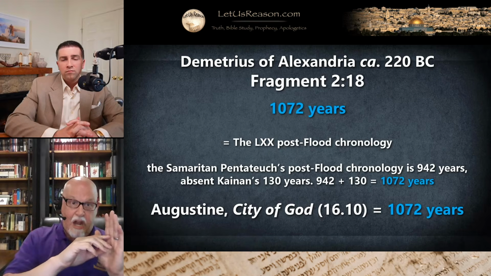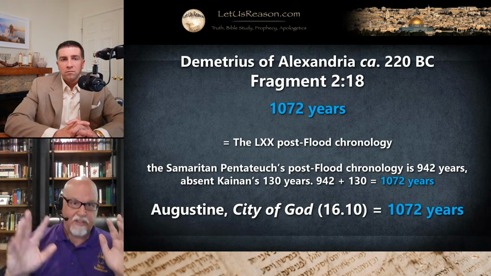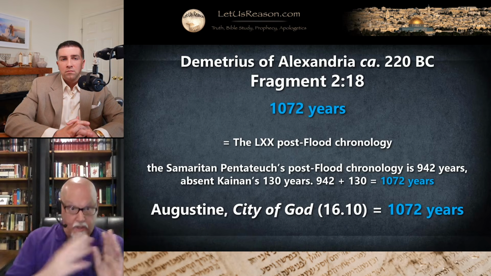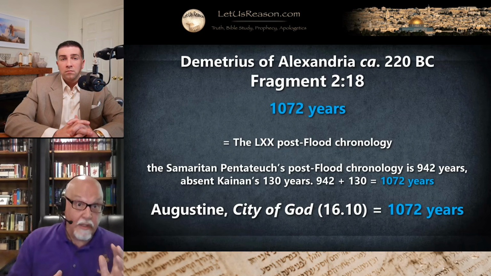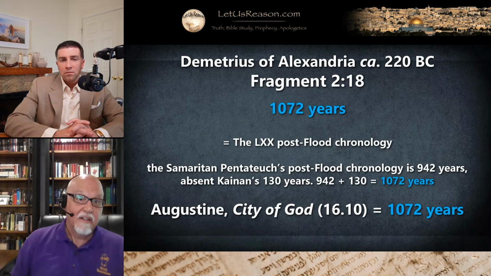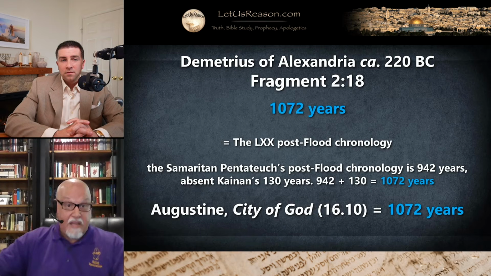While we do have manuscripts with errors that got introduced by accident, you also see a consistency of preservation. The preservers of the text tried to preserve it the best they could. There's Augustine writing City of God, with numbers that match exactly what Demetrius said 600 years before. To me, this is very compelling evidence.